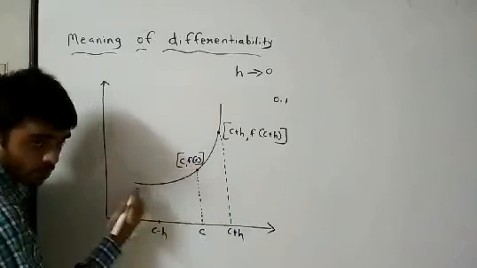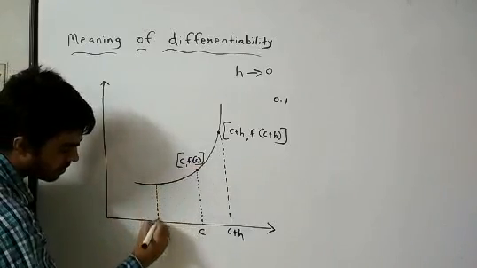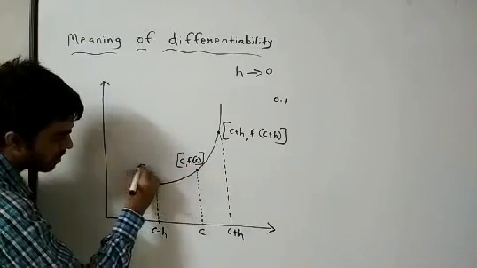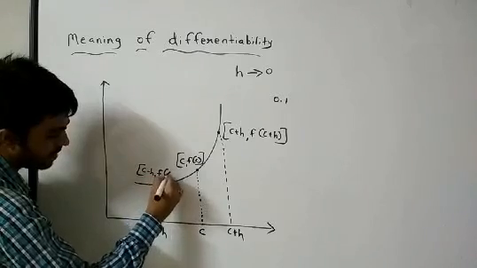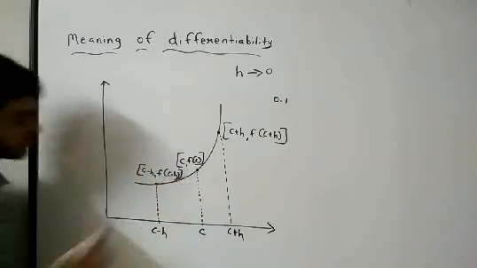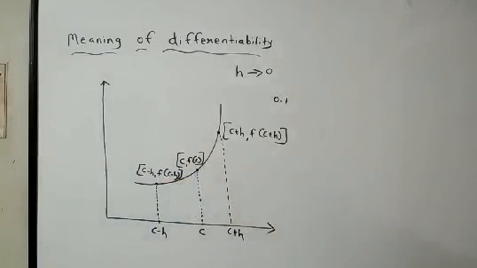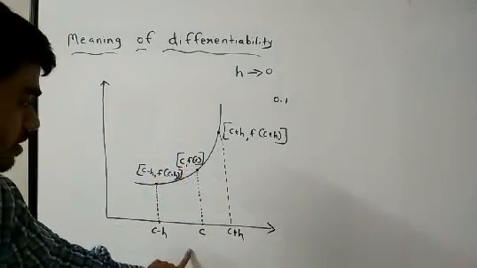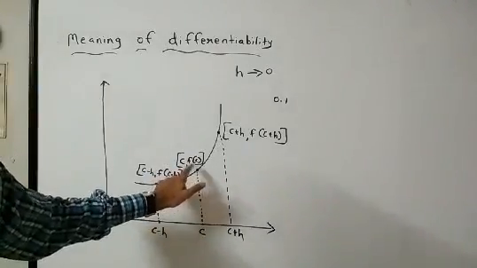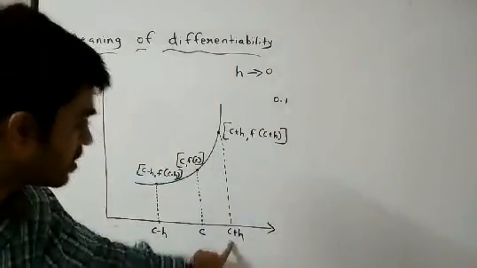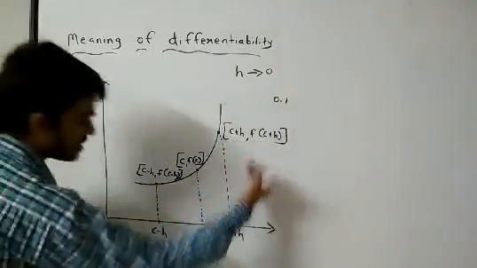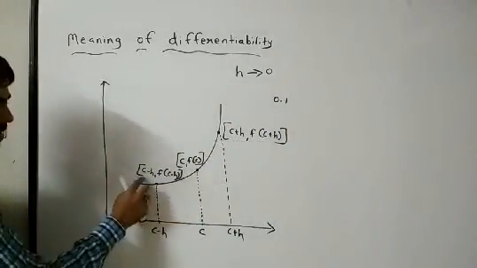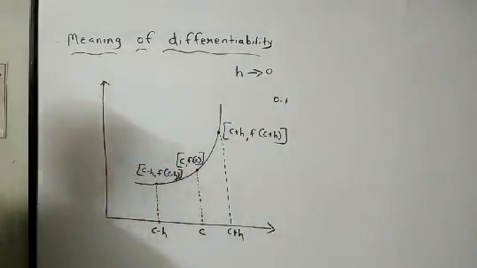It will be somewhere downwards. So here c minus h, f of c minus h. Clear? This is a point C, so its coordinates are c and f of c. This is a point c plus h, so its coordinates are c plus h and f of c plus h. In the same way, c minus h and f of c minus h.